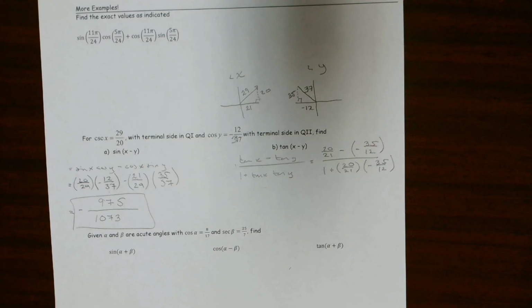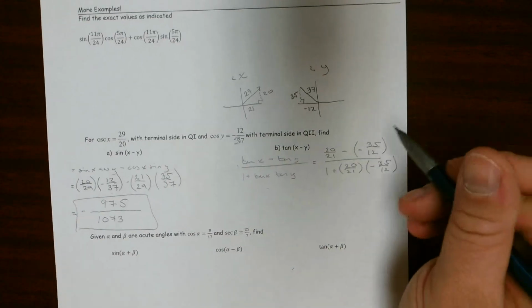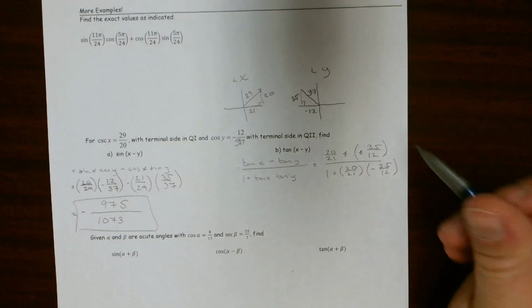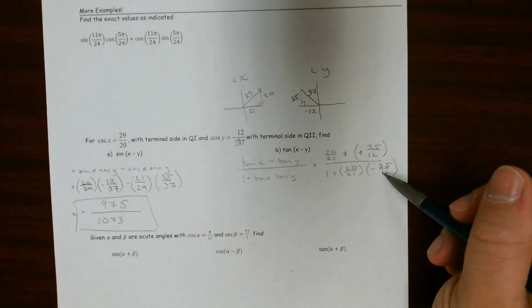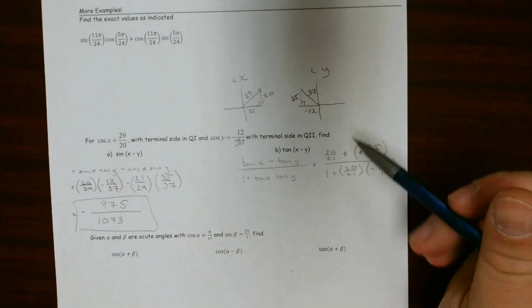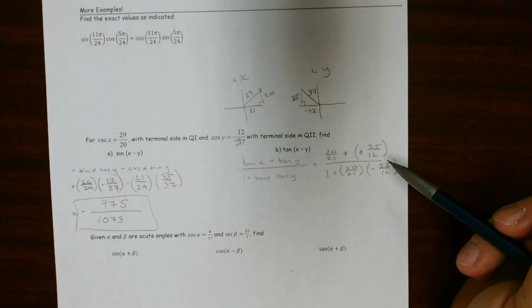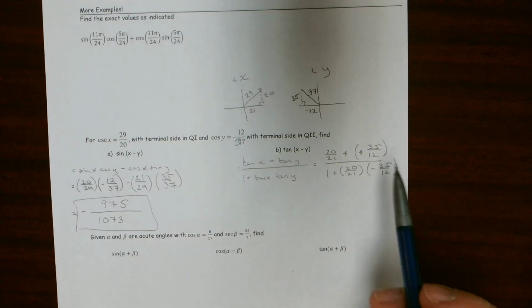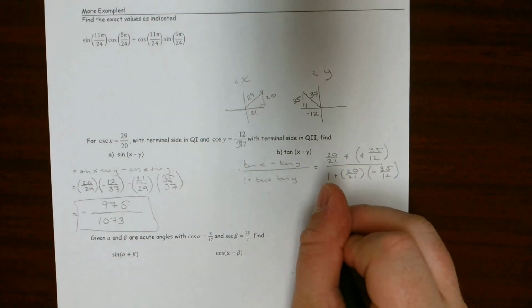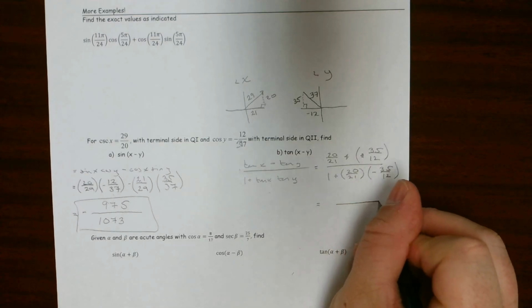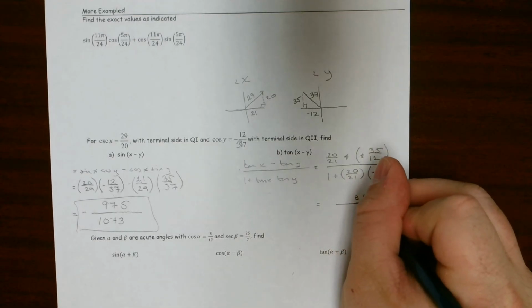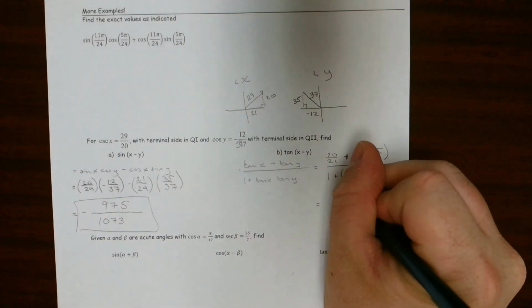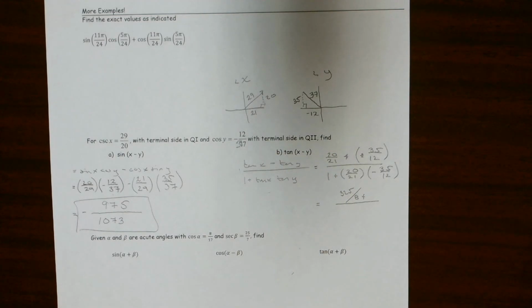Now what we need to do is some common denominating. Obviously these negatives will make the plus. We're going to be adding a positive on the bottom, but we need common denominators. You need to find a common denominator between 21 and 12, which is going to end up being 84. And when you add those things together, you're going to get 325 on top.